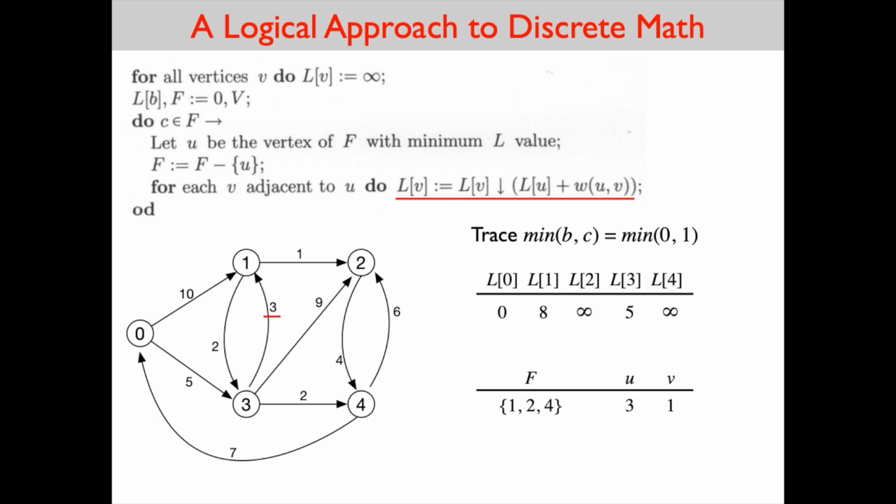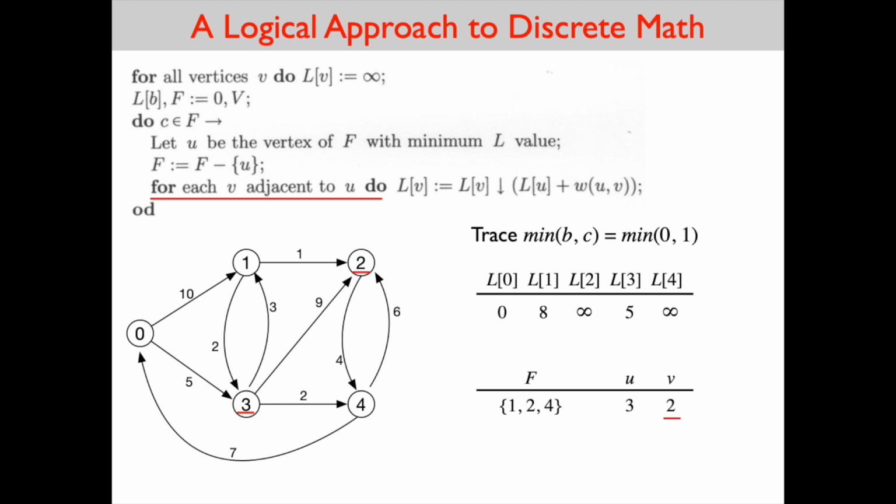And so now which other vertex v is adjacent to vertex 3? As shown here, there is an edge from vertex 3 to vertex 2. So consequently, the next time through the loop, v is 2. So now, what is going to change this time? L sub 2 is going to change because v has a value 2. And what is it going to change to? It's going to change to the minimum of the current value of L sub 2, which is infinity. Well, obviously, it's going to change to something less than infinity.